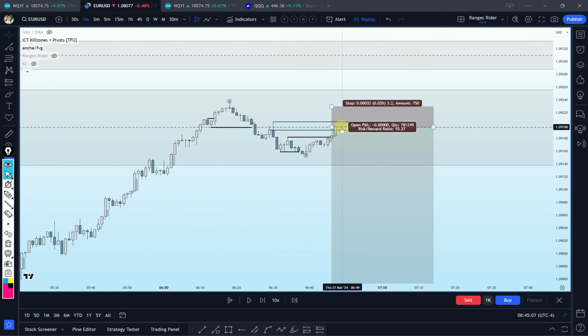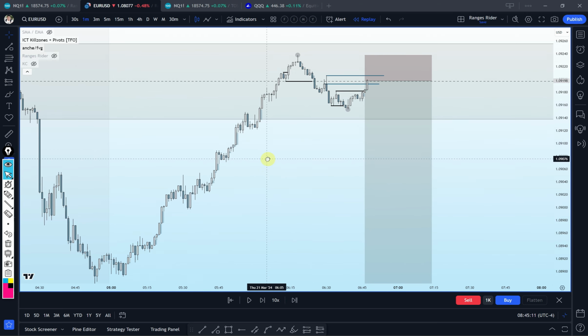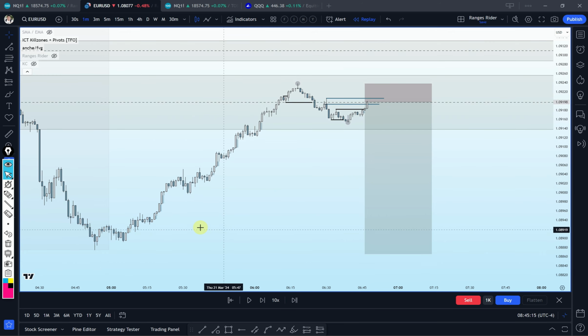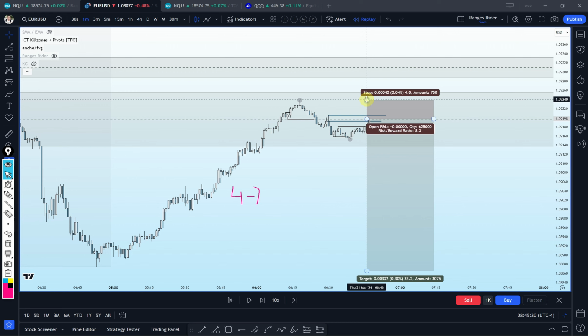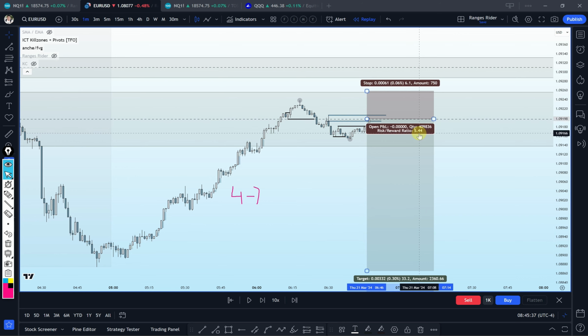But I personally will take the entry here. And now if my stop loss is there, I have 8.3, and like I said, 8.3 is a little bit above my threshold of 4 to 7. Then what I will do, I want to be a little bit on the safer side, and if I go here, then it is 5.5.